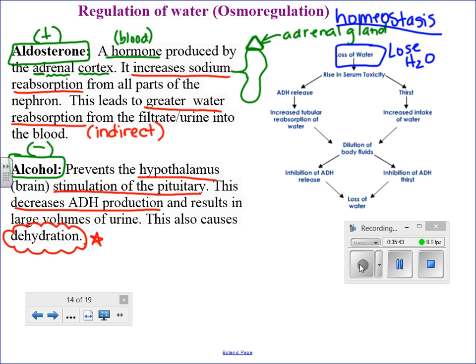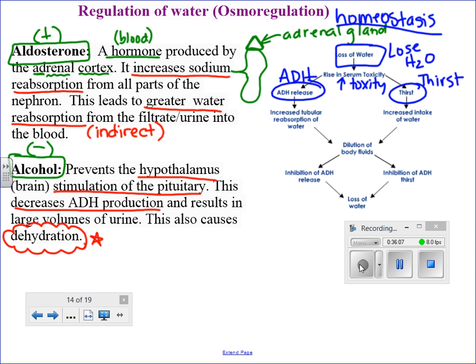So, when you lose water, you increase toxicity. In other words, if there's less water, whatever is in your body is more concentrated because you have less water to dilute it. Two things will happen. ADH will be stimulated and you will feel thirsty.